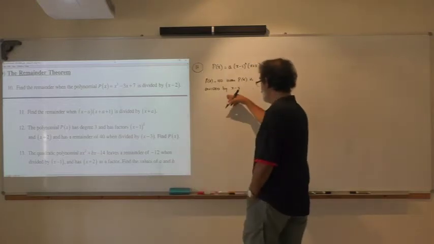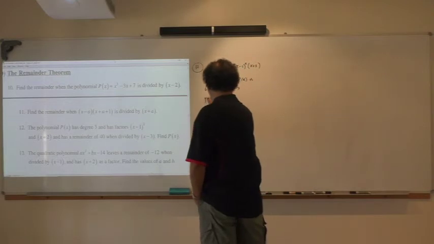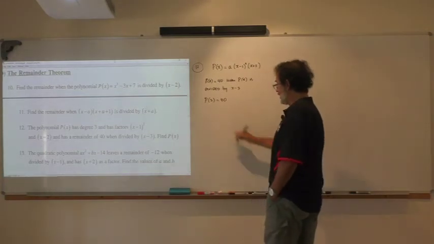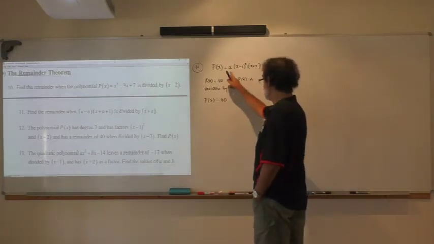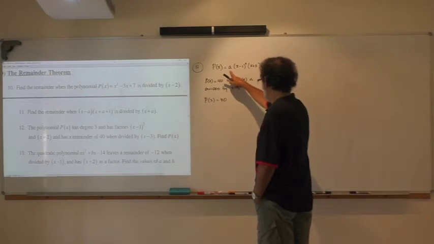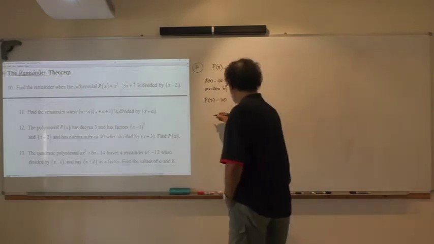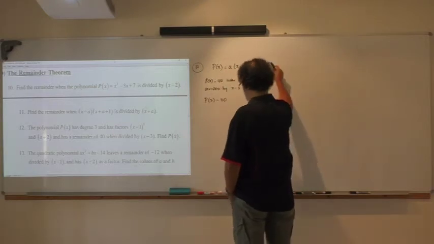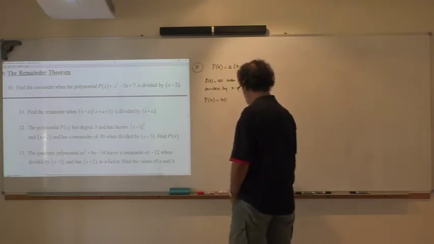In other words, what we are saying is that p of 3 is equal to 40. And then we're going to use this information to find the answer for a. We're going to substitute 3 in here, equate that to 40, and then make a the subject.